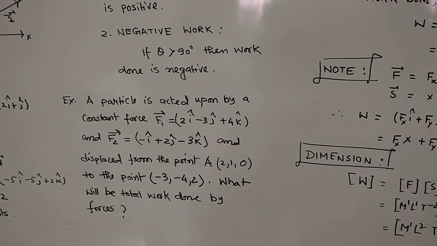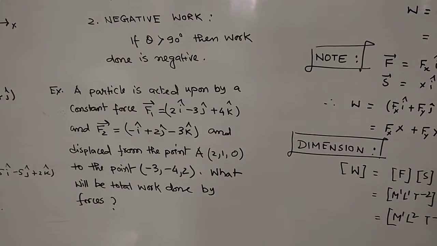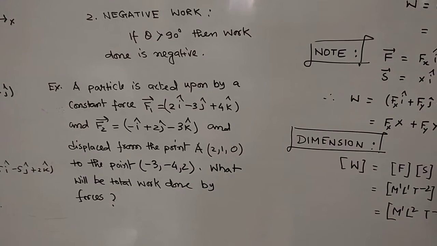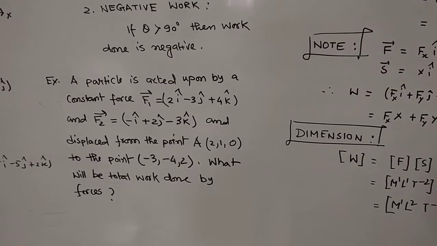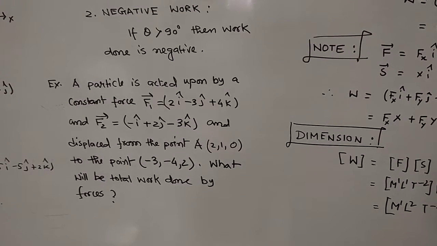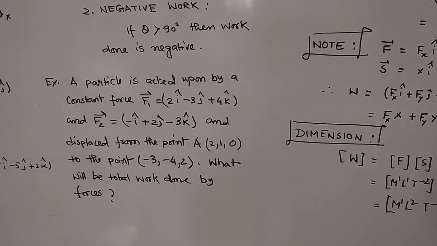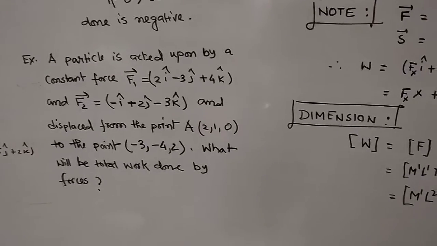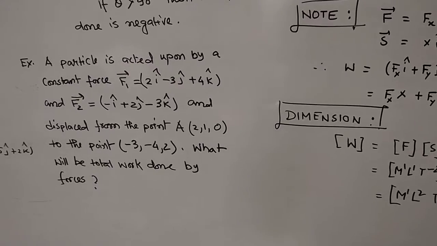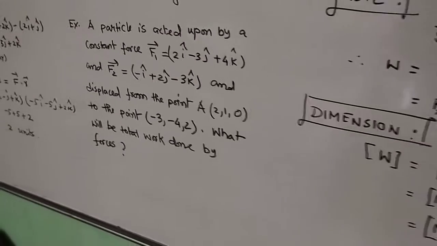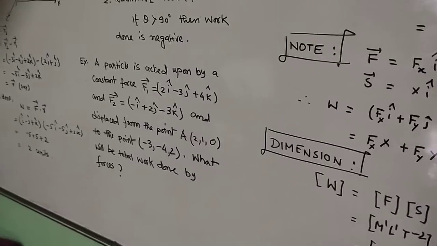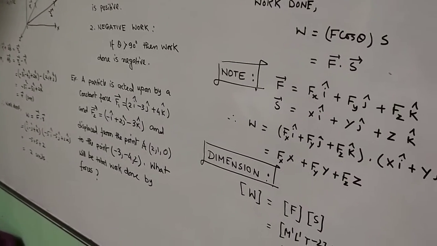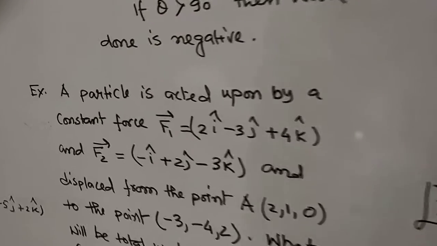A particle is acted upon by constant forces F1 vector equal to 2 i cap minus 3 j cap plus 4 k cap, and F2 equal to minus i cap plus 2 j cap minus 3 k cap, and displaced from the point (2, 1, 0) to the point, you can consider this point as B, (minus 3, minus 4, 2).